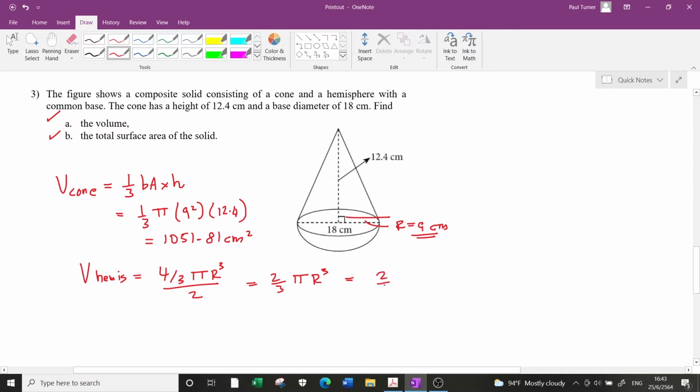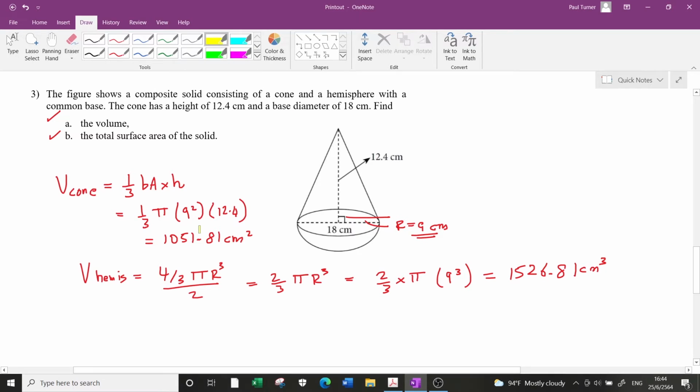So that's 2/3 times pi times r cubed. R is 9, so 9 cubed. So the volume of the hemisphere is 1526.81 cm cubed.